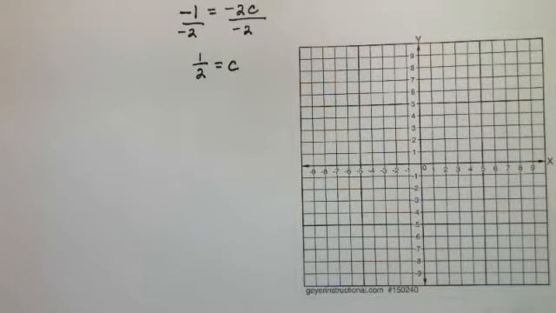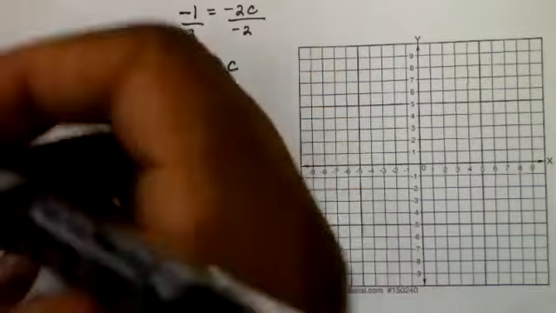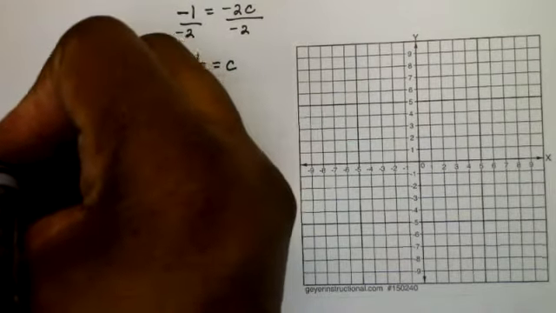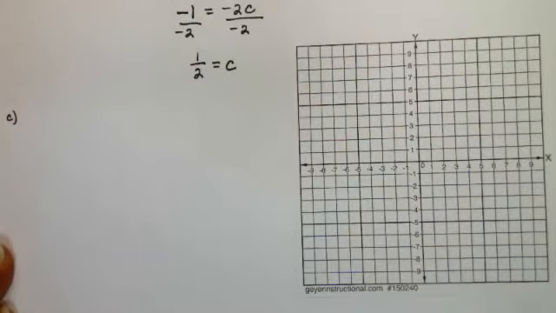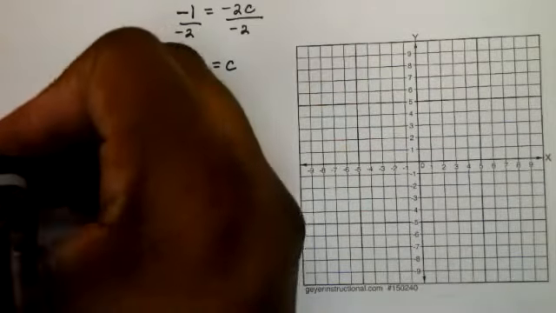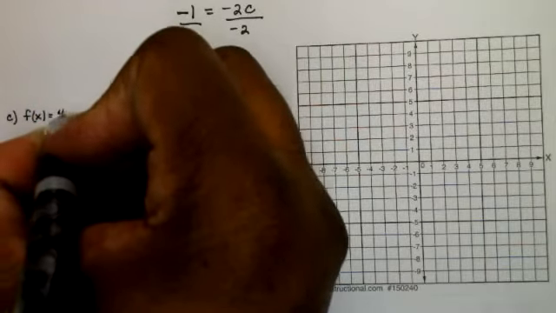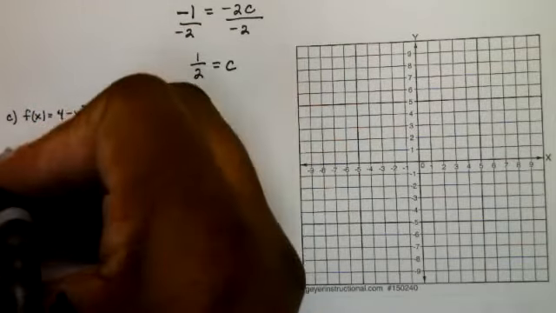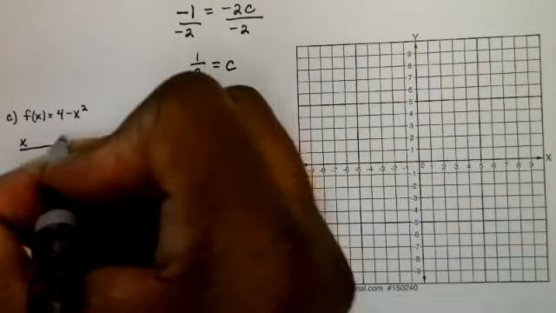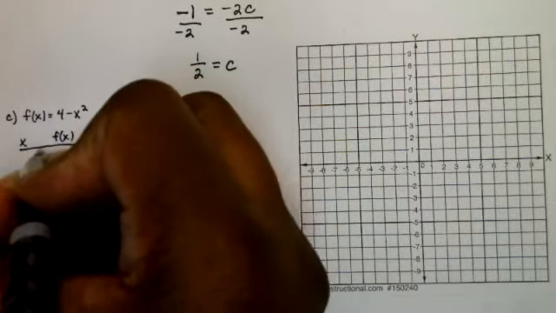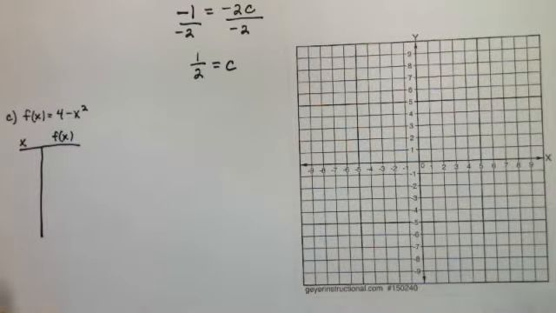All right. So this right here is going to be part C, where I'm going to graph the quadratic function, f of x equal to 4 minus x squared. Now, what you can do if you like is use your graphing calculator and the table.